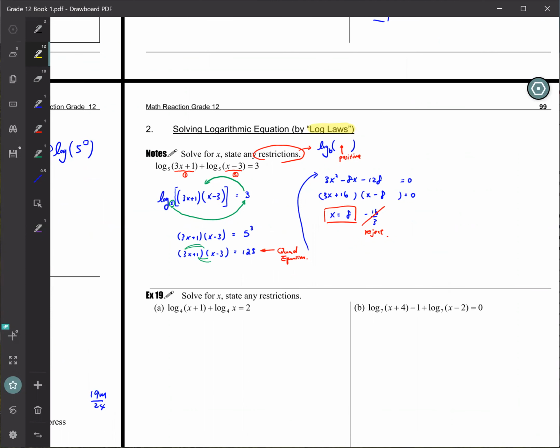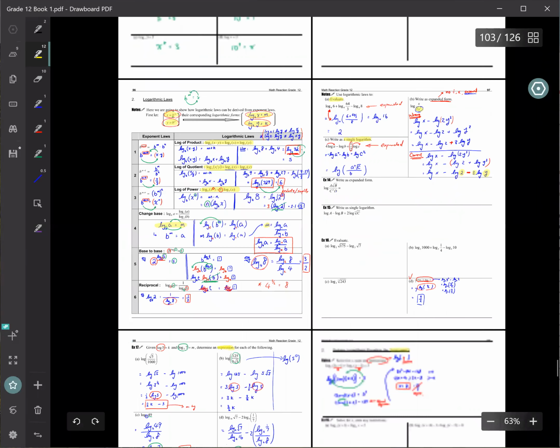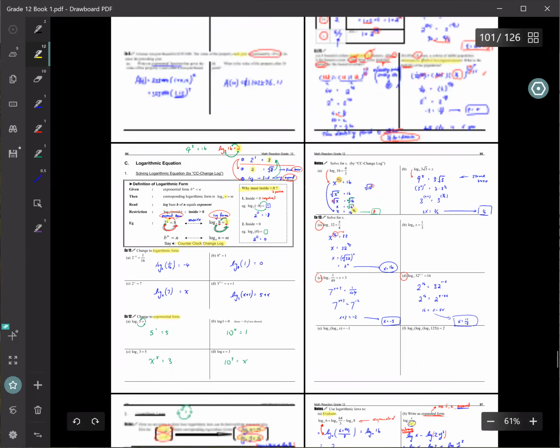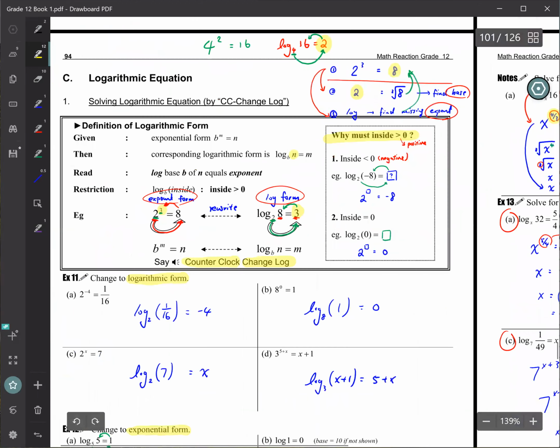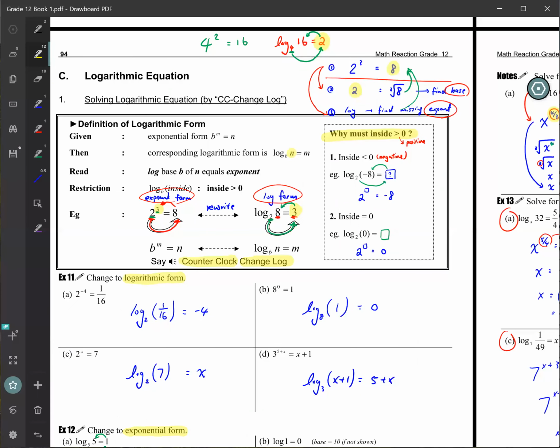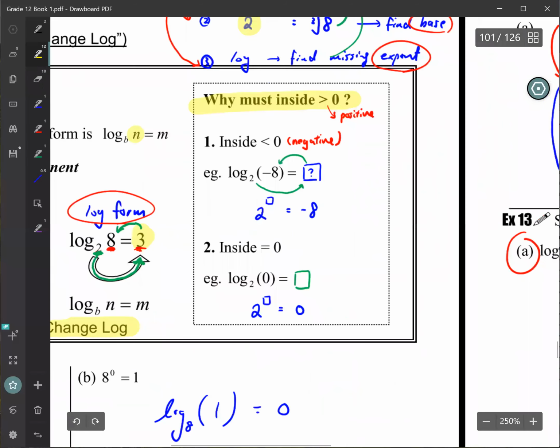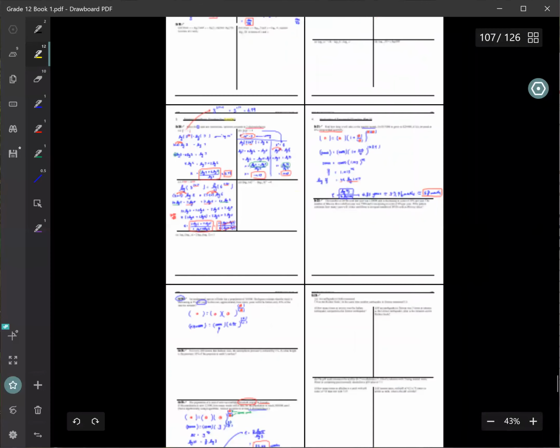You must make sure the inside is positive. And the reason why we must have positive, we also explain over here on page 94, right? We went over if it's negative, what happens, right? You couldn't get an answer. If it's 0, right, what happens, okay? So it cannot be negative, cannot be 0, so it has to be positive, okay? So two restrictions, keep that in mind.